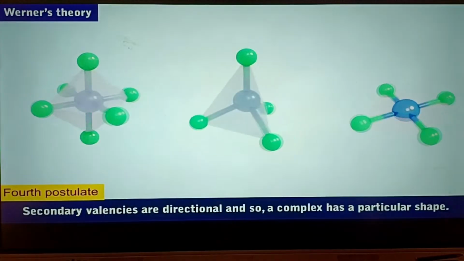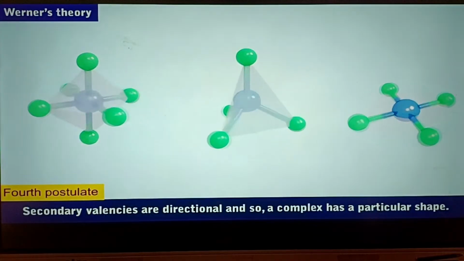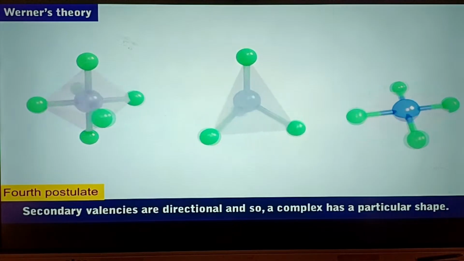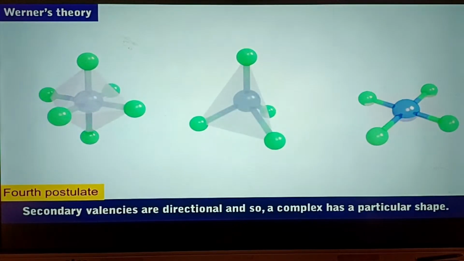The fourth postulate states that secondary valencies are directional, and so a complex has a particular shape. The number and arrangement of ligands in space determines the stereochemistry of a complex.